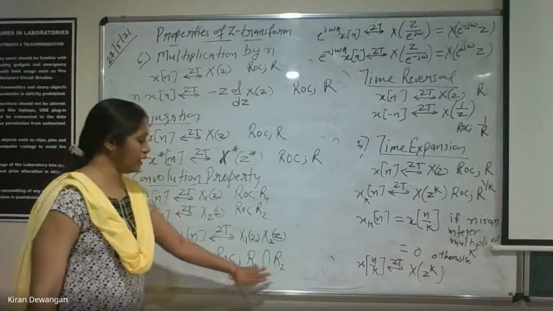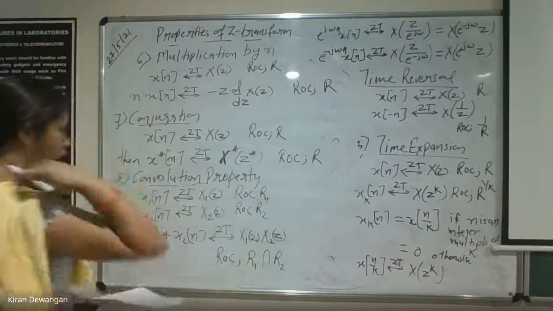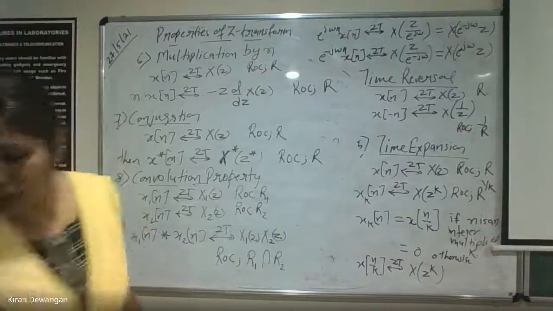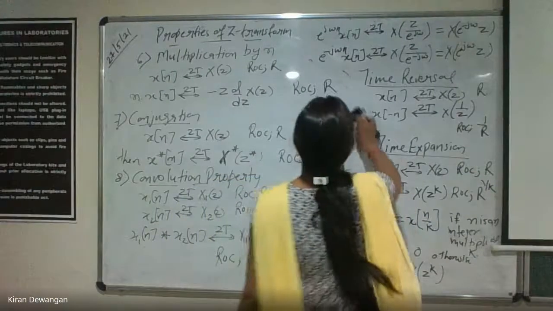That is, the common region in R1 and R2 will be the ROC of this particular thing. So that is how we can obtain the ROC.